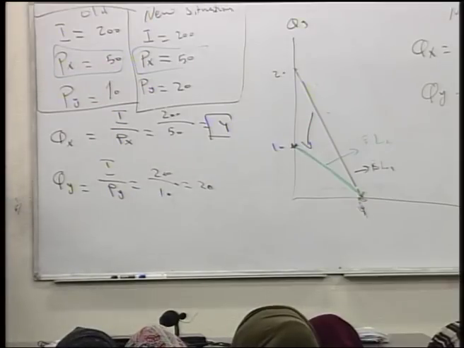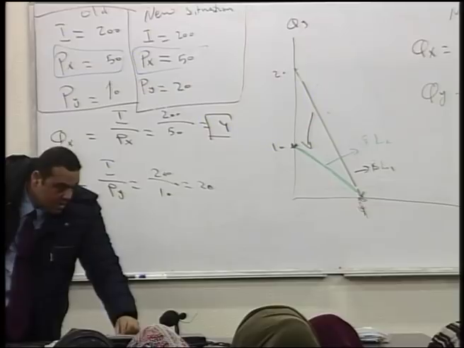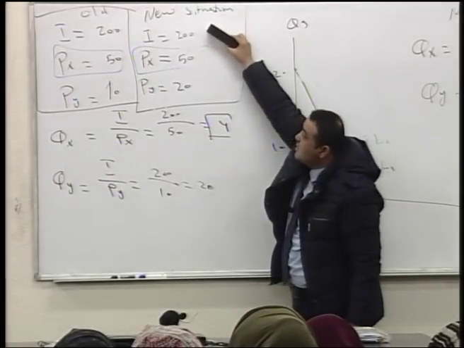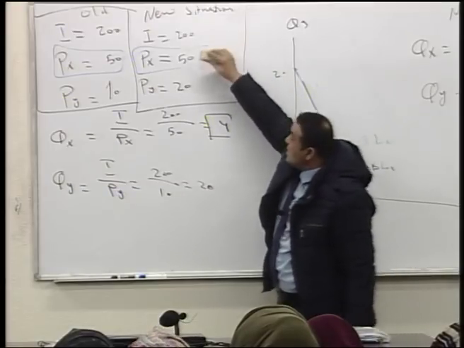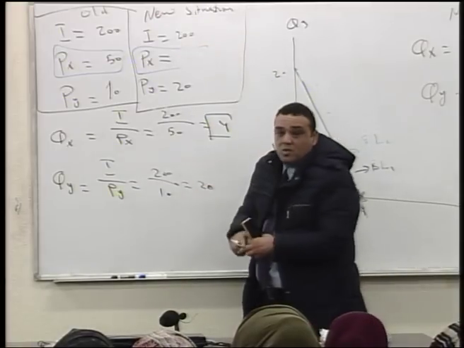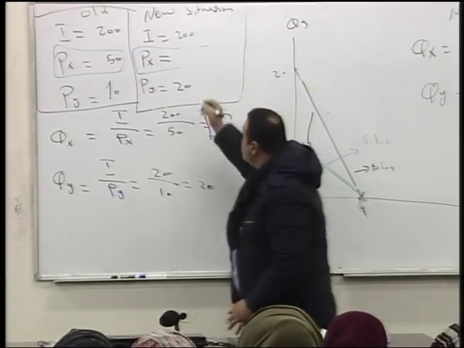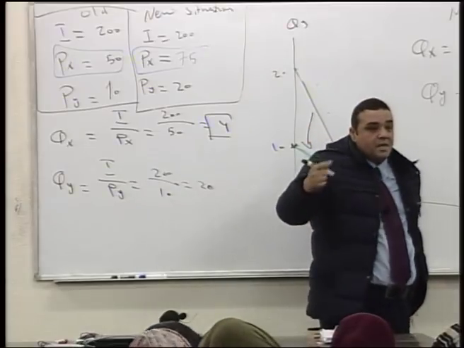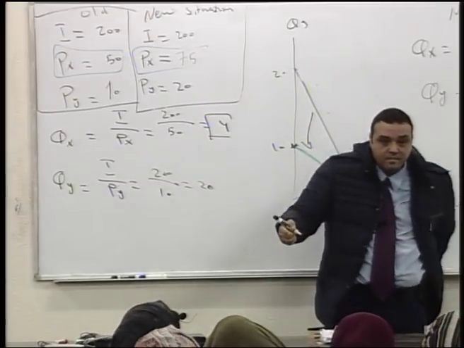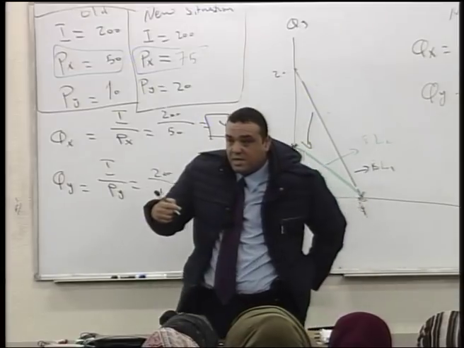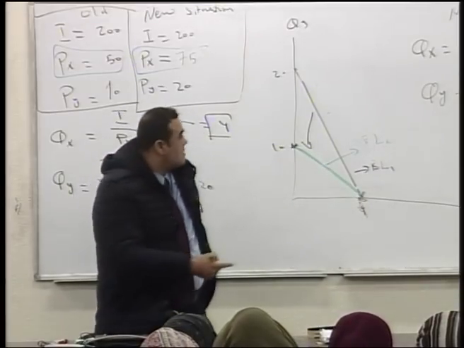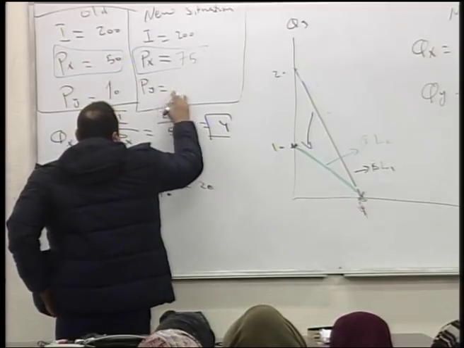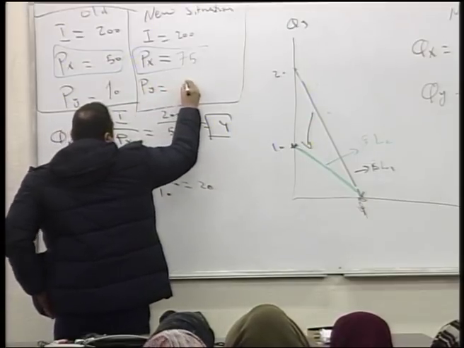Now we assume the consumer's income remains constant at 200, and the price of X went up to 75, meaning it increased by 50%. And the price of Y, let us assume, also increased by 50%.